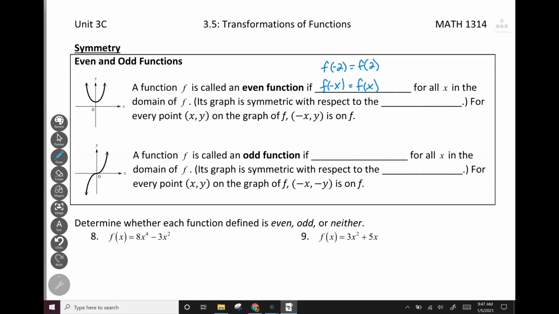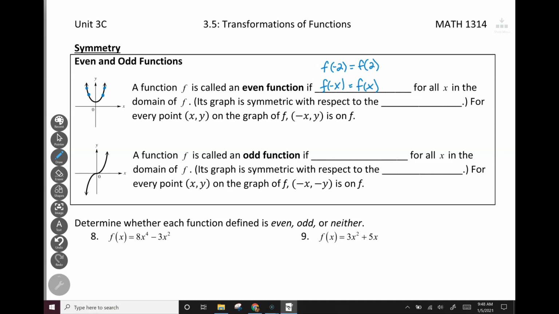So what that ends up looking like over here, you can see on the graph, is it's like reflected across the y-axis. Each point is going to be symmetric across the y-axis.